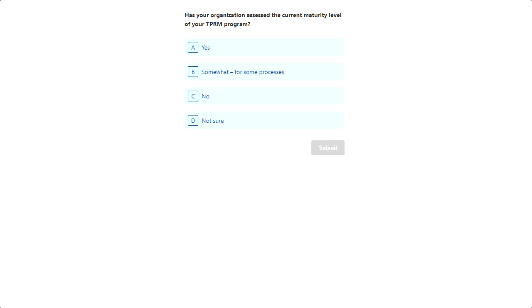Hillary, we have some time now to answer a question from the audience. Okay. Do the regulators have specific requirements around program maturity? They do not have specific requirements, so they're not explicitly spelled out in most of the guidance. However, there is an implied assumption there that you are going to take a perspective of continuous improvement.